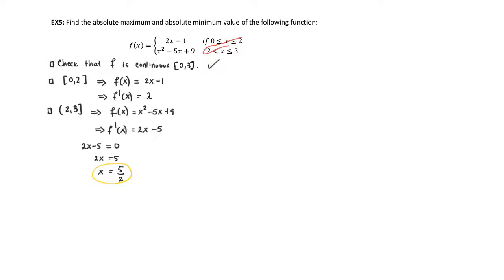Notice right here, exactly when the function transitions from a line to a quadratic, to a parabola. That means that if we want to be super careful, we have to check whether f is differentiable at 2. And because it is a piecewise function, and 2 is the transition point, you're going to go back to the basic definition of a derivative, the limit definition.